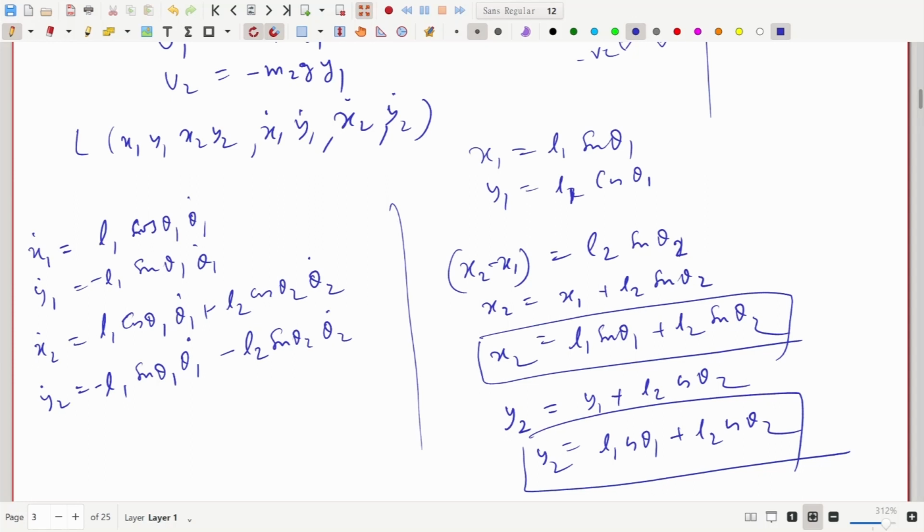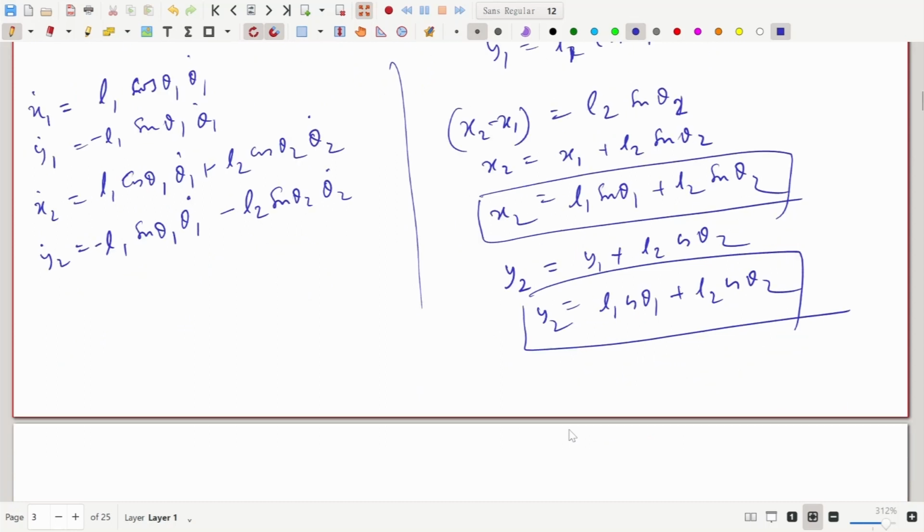So all this you have to substitute in the Lagrangian, and let me write the final form of this Lagrangian, and then we will stop this class because of time.